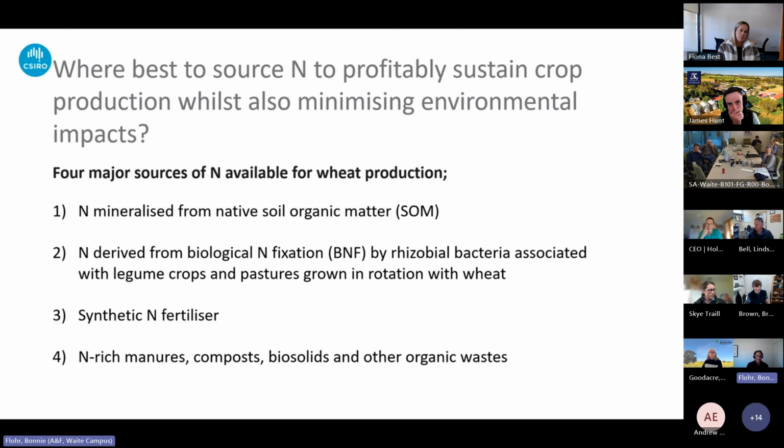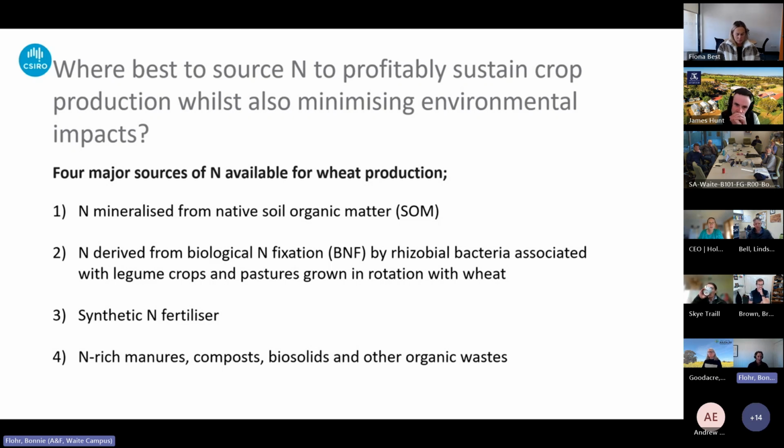So where is the best source of nitrogen to profitably sustain crop production while also minimising our environmental impact? Australia has 4 major sources available to wheat production.